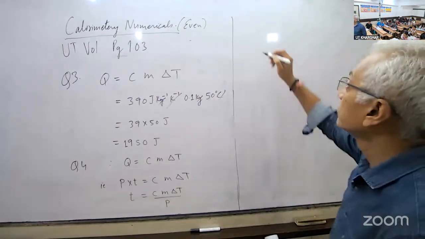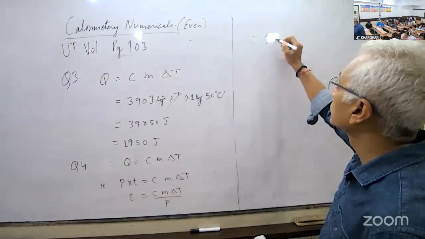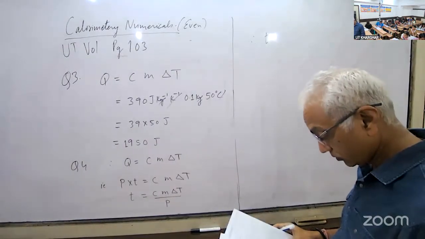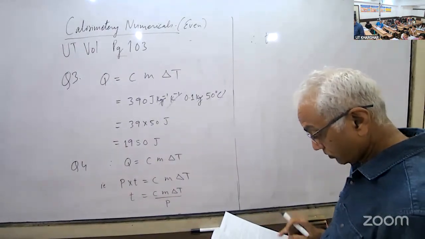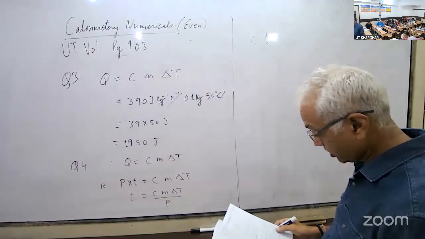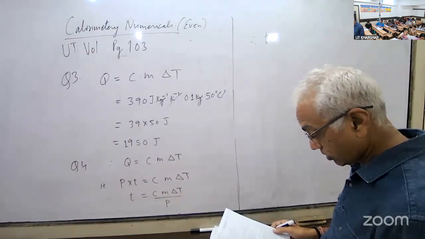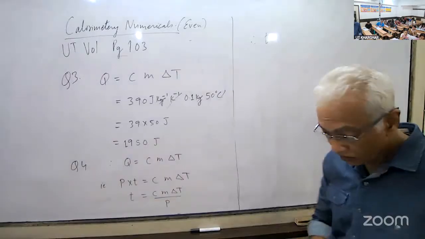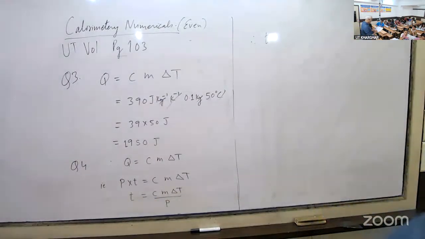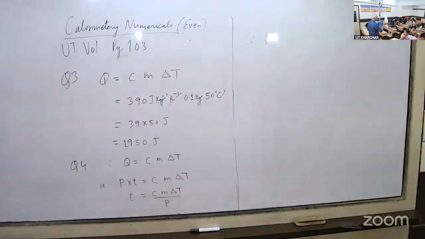So T is equal to what? What is C here? In volume the unit of specific heat given is wrong. It should be joules per kg per Kelvin or degree Celsius.